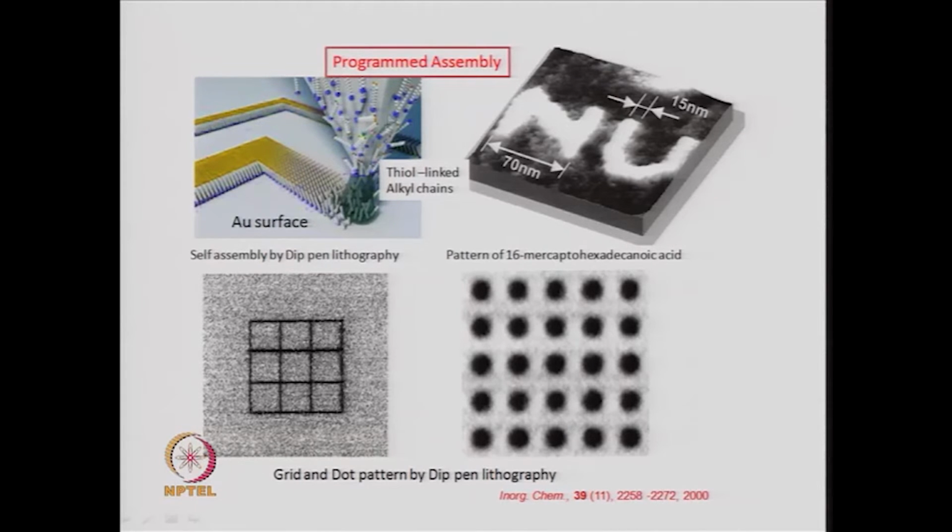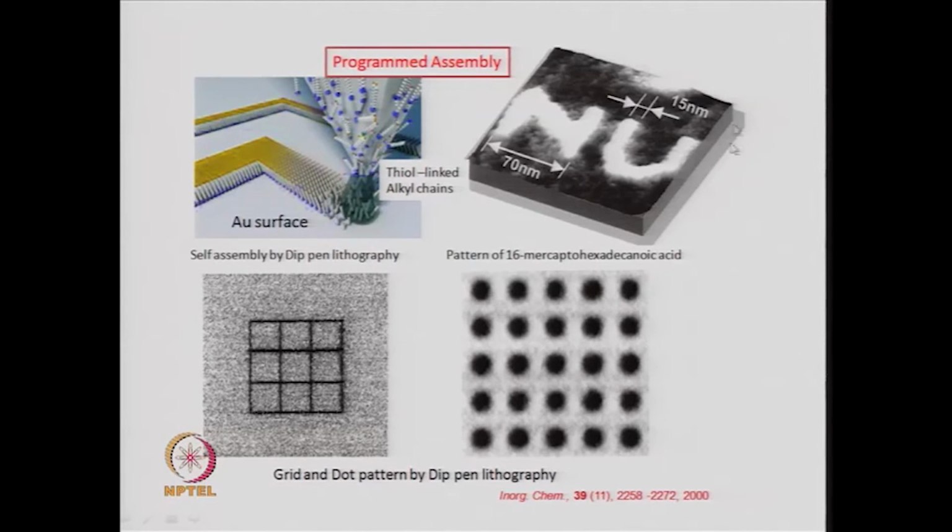And you get a pattern of molecules. So, this is acting like a pen. You are writing on the gold surface, but you do not have ink inside. You have molecules of these thiol linked alkyl chains, and the pen, wherever it is moving, gives you these nanostructures on the surface of gold. So, this is a programmed assembly, and this is a schematic diagram to help you understand.